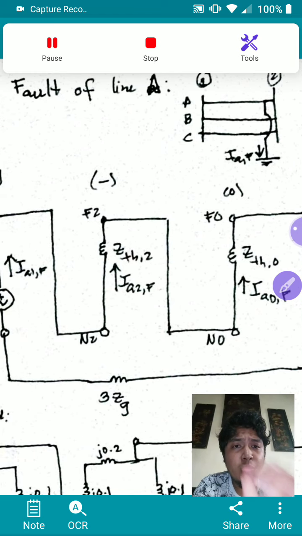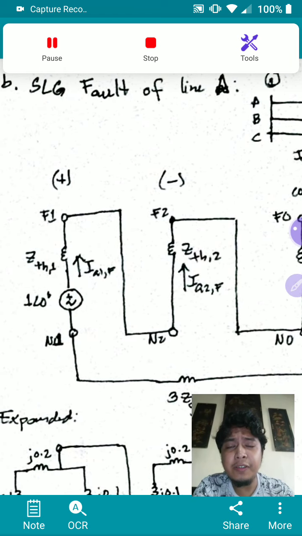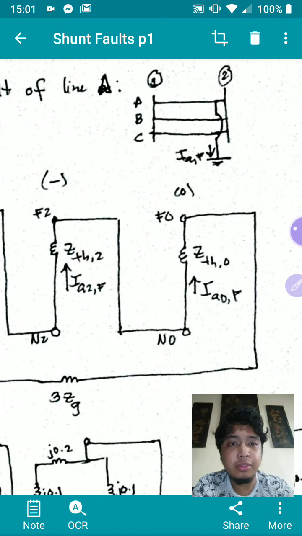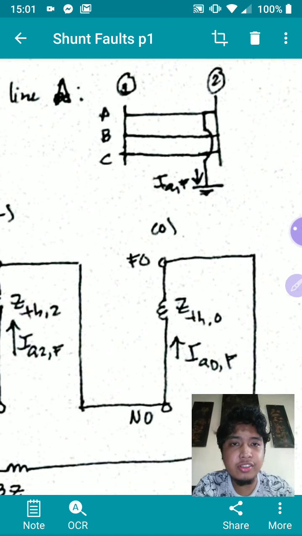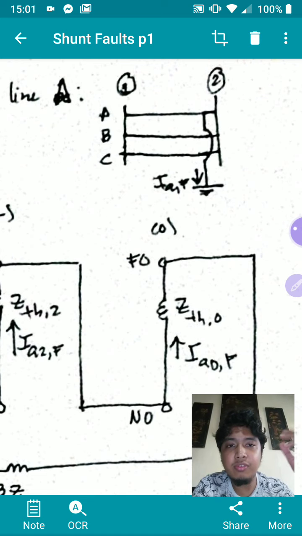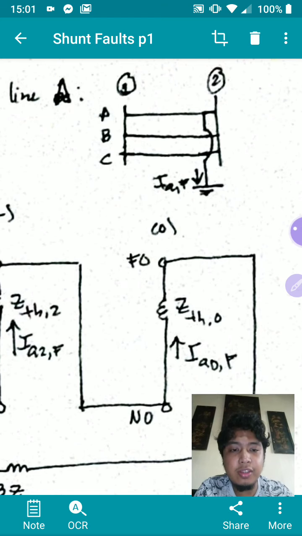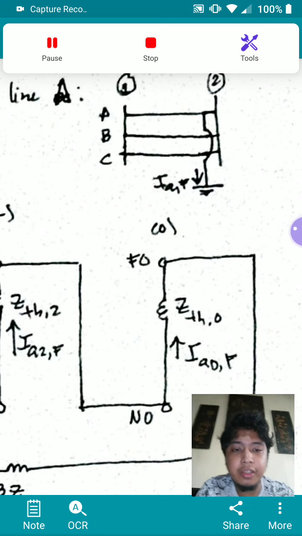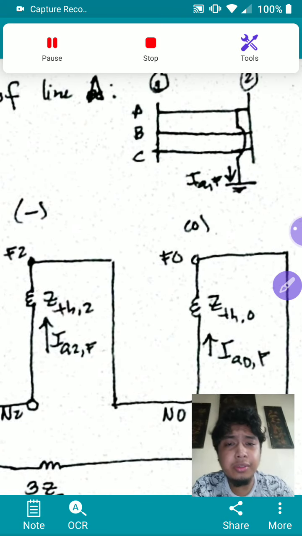So let's say that I experienced a single line to ground fault of line A. The idea is that I have a three-phase system, 3 lines between buses 1 and 2, and on bus 2 I experienced a fault that shorts line A to the ground, as shown in this diagram. As you can see, I have a fault current IA here.